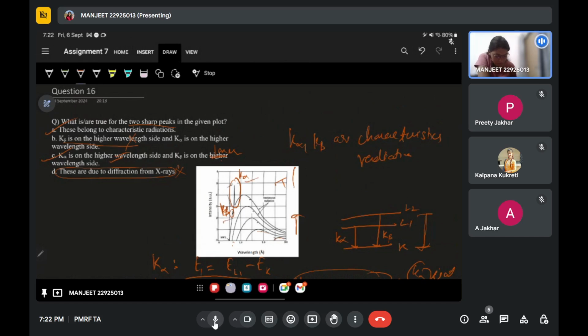Also, with increasing voltage, the maxima shifts toward the lower wavelength, and K beta will always be at the lower wavelength compared to K alpha. K alpha is the more intense peak and lies at the higher wavelength. So this is all about the intensity versus wavelength graph, how it is related to the voltage, and how the SWL shifts toward the lower wavelength if we increase the voltage.